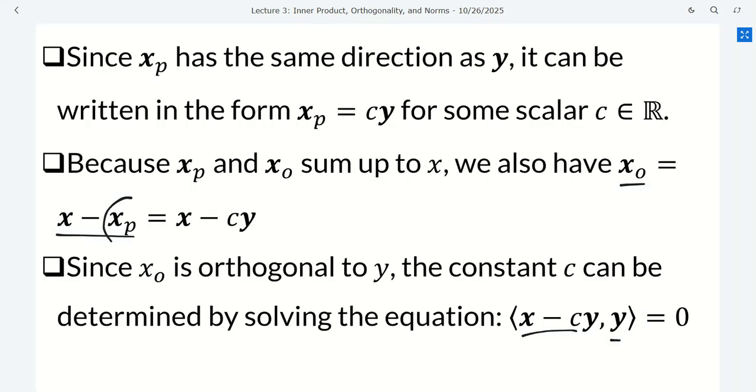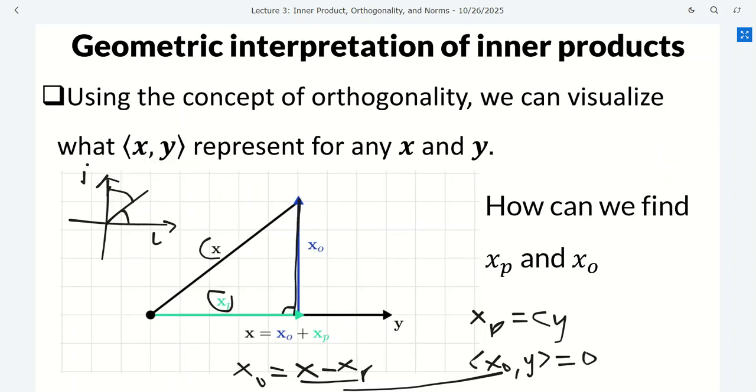Let me verify a minute. Okay, so it's the same thing. We are using the y, not the xp. So we get x naught is equal to x minus cy, because we have done substitution over here.